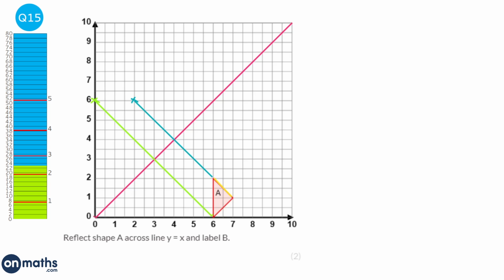So we've got 1, 2, 3, 4, 5, 6. Kind of goes over the other one, ends up here. So if we join these up, and we need to label it B.